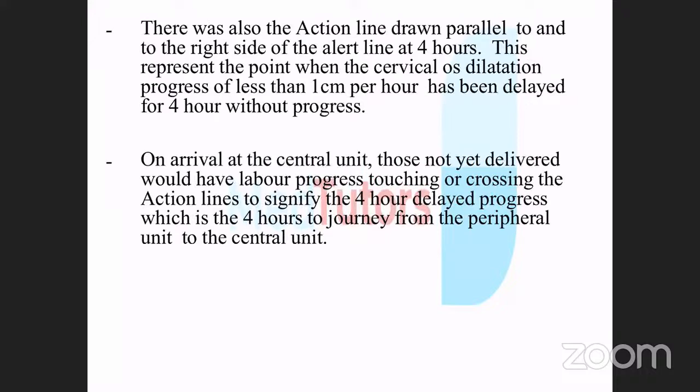There was also the action line drawn parallel to and to the right side of the alert line at 4 hours. This represents the point when the cervical dilatation of less than 1 centimeter per hour has been delayed for 4 hours without progress. On arrival at the referral unit, those not yet delivered will have prolonged progress touching or crossing the action line to signify delay in progress of labor, which is the 4 hours of journey from the peripheral unit.